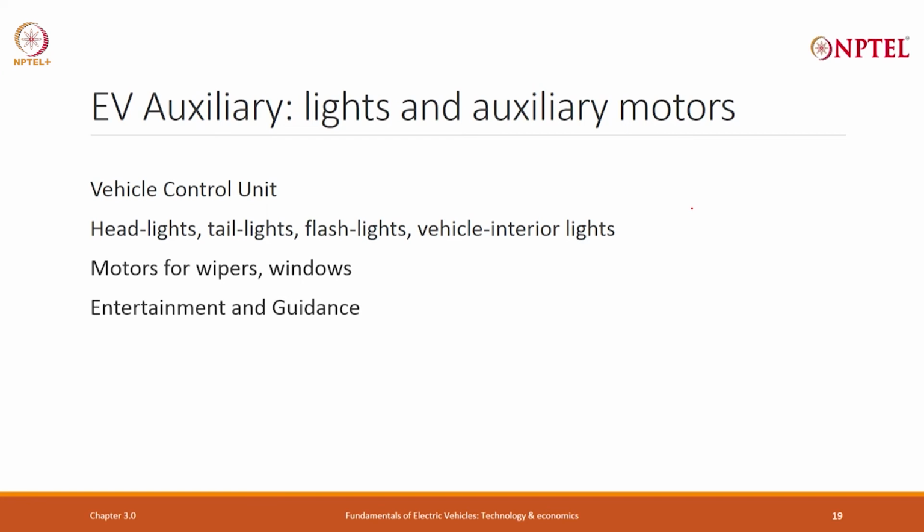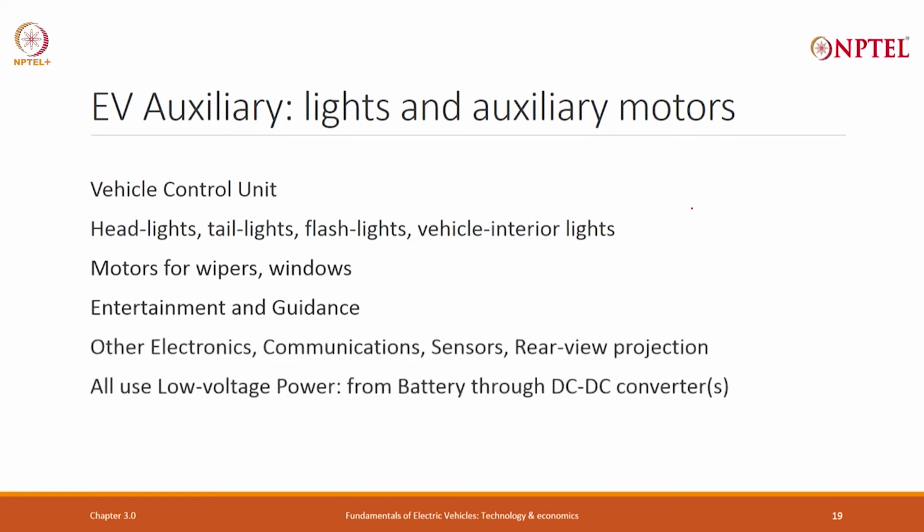Then of course, there is entertainment, there is guidance that gives you the map and the route, and things like that. There are other electronics, communications, sensors, rear view projection, all those things are there. They all may consume small energy, most of it is electronics and consumes a little bit of energy. All use low voltage power.